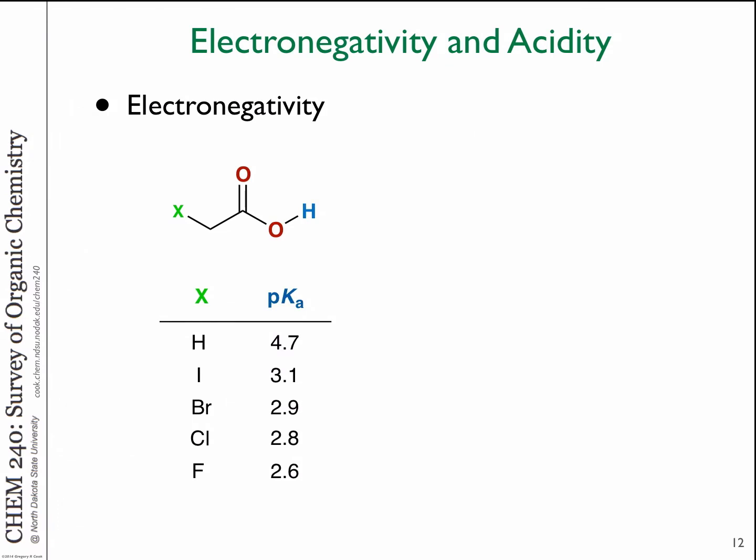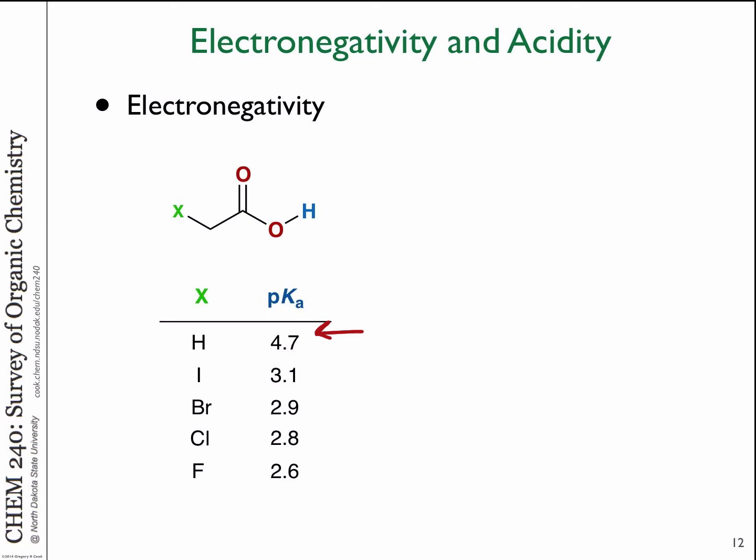Electronegativity has longer through-space, through-bond effects, even further away from where the proton is coming off. So for example, if you take a look at acetic acid here, acetic acid itself, where X here is hydrogen, has a pKa of 4.7.